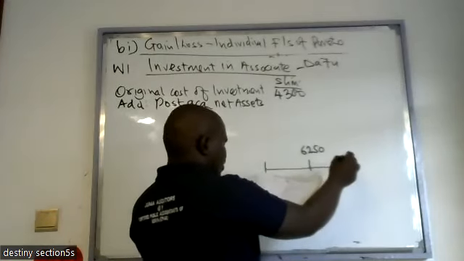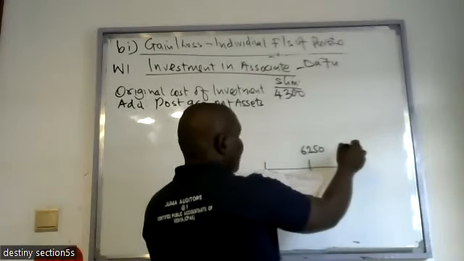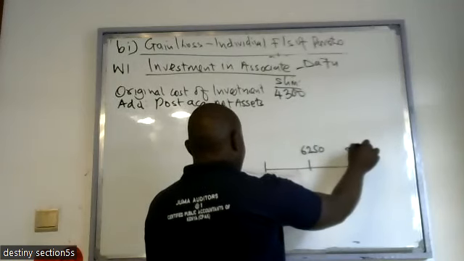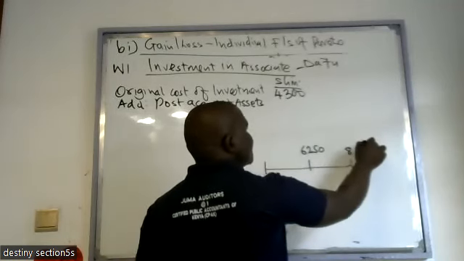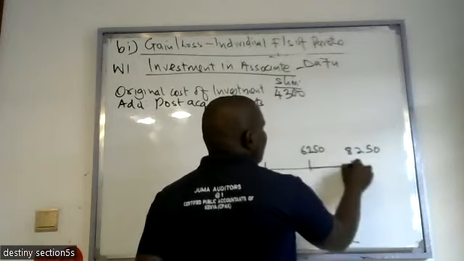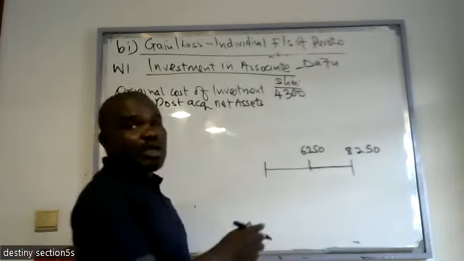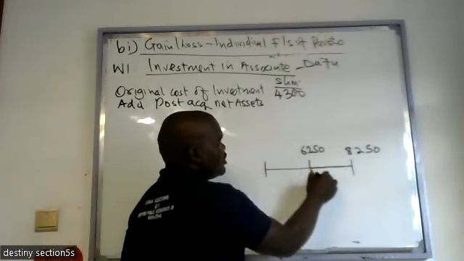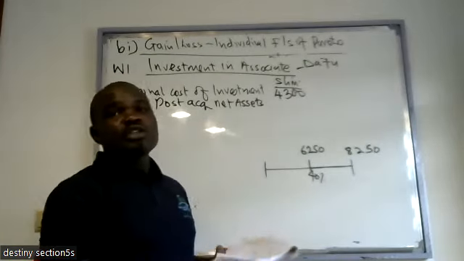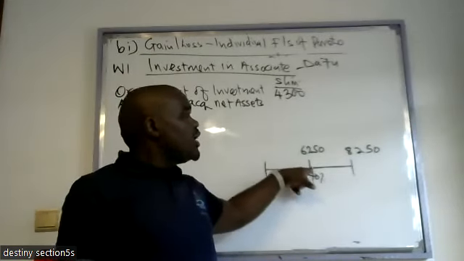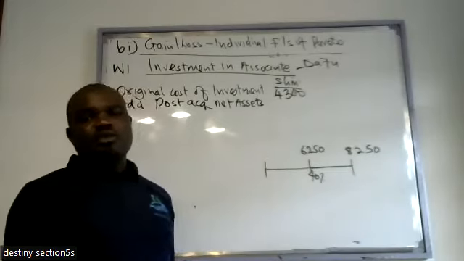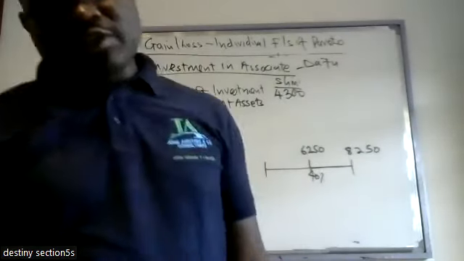I'll check this. The total net assets here is 82.50. So associate, it became associate at this stage. So post-acquisition is what is due to them from here to there. That is what you need to appreciate.